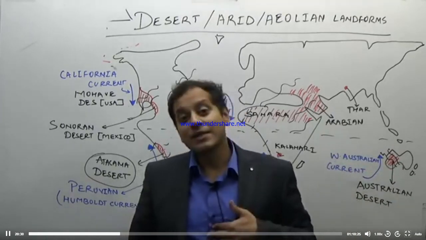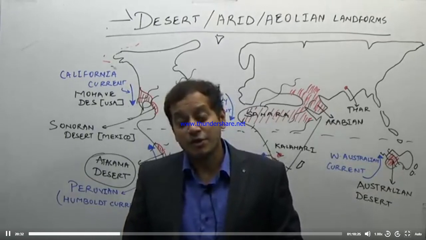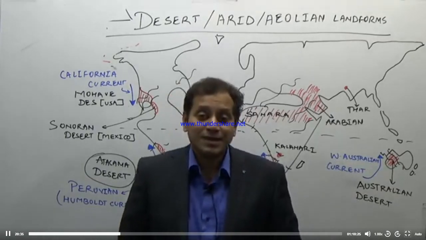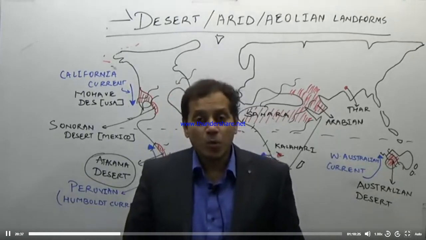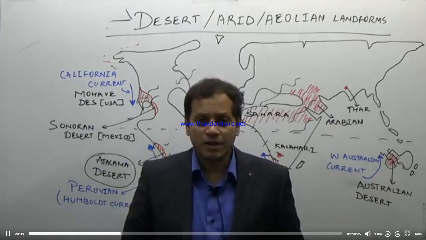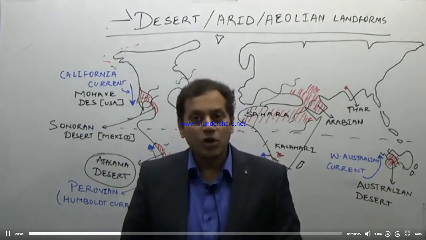So Venezuela current is found where? It is found in Africa. Which part of Africa? The southern part of Africa, that is after the equator. West Australian Desert by the West Australian current. And as I told you, these all are the cold currents.